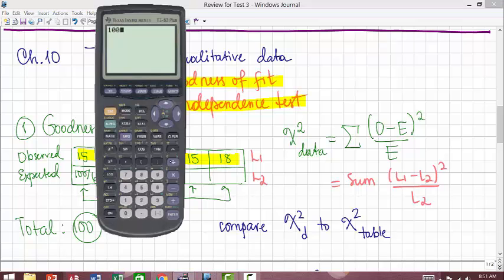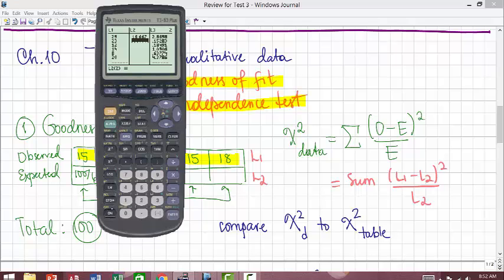So 100 over 6 is 16.6 repeating. So I would just keep it like that in your calculator. If you go to your, let's say, edit, and if you go to your L2, I would just do 100 over 6 for all of these entries.